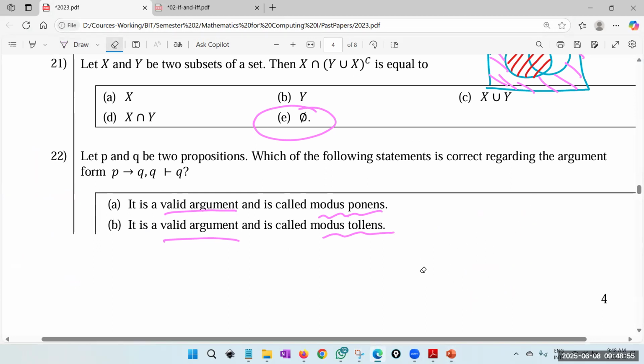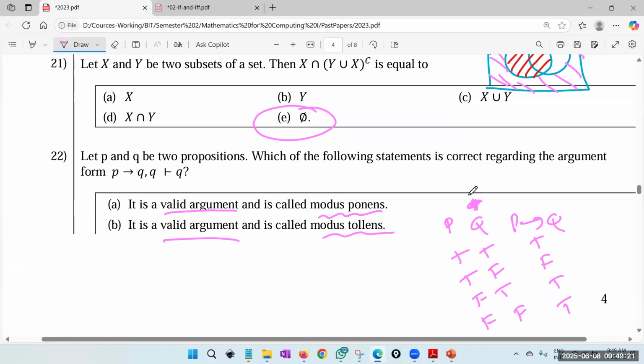Because the answer says invalid, right? P, Q, P implies Q. True, true, true, false, false, true, false, false. This is true, this is false, this is true, this is true. So this is one of the premises, and this is the other premise.